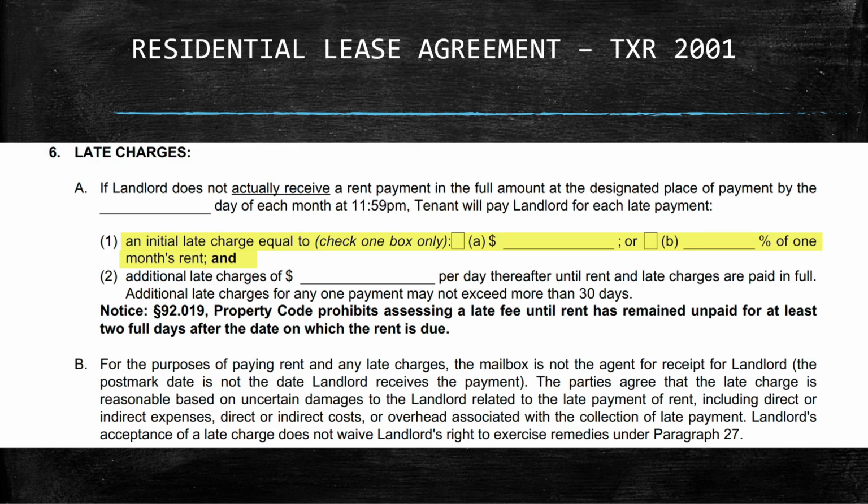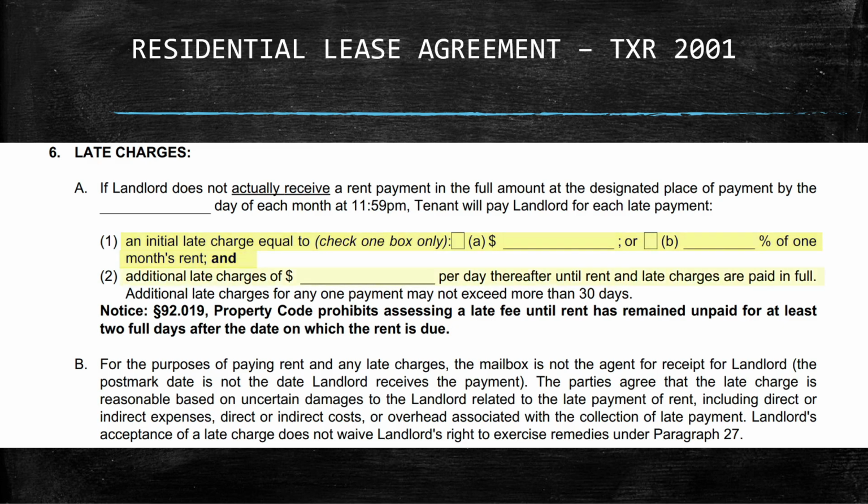So first, we charge an initial late fee equal to, and then we check one box only. And it can either be a flat dollar amount that we write in, or it can be some percentage of 1 month's rent. That's the initial late fee.